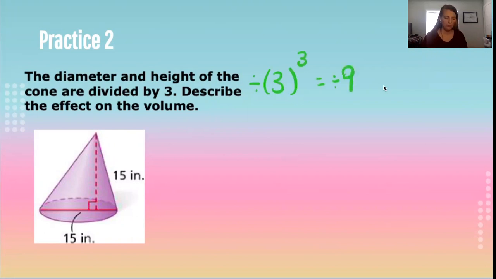I'm going to start by finding the volume of the cone I have. If it has a diameter of 15, that means it has a radius of 7.5.